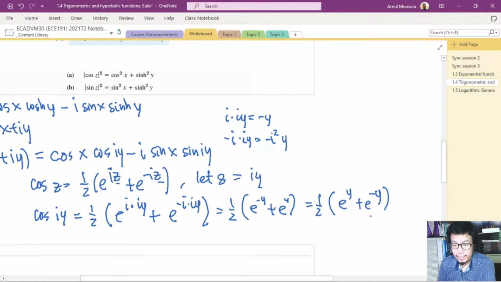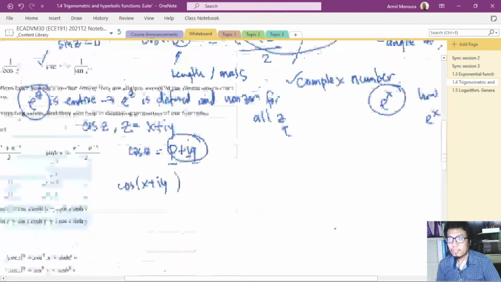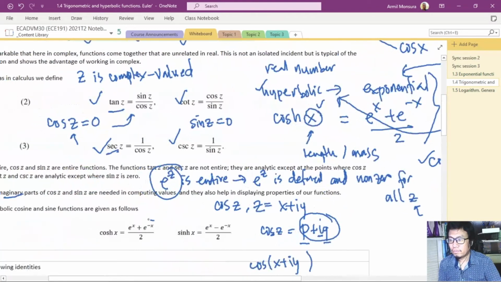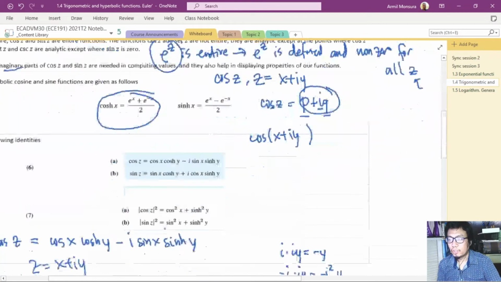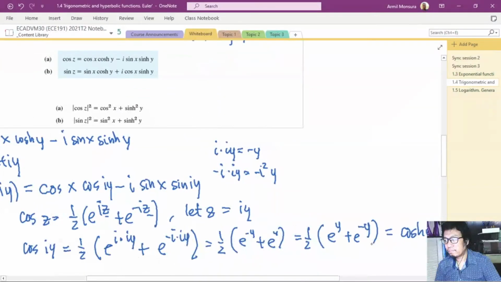Which basically is a formula that you should be familiar with as the hyperbolic cosine of y. So notice that that one is this one. Instead of just using x, I used y here. So e raised to y plus e raised to negative y times 1/2 is hyperbolic cosine of y.